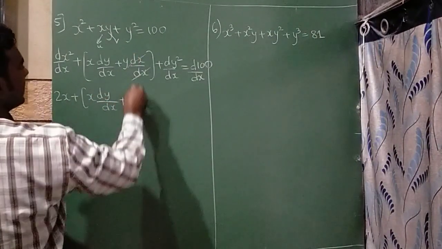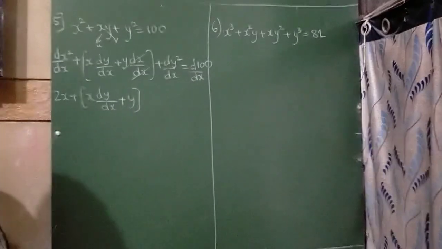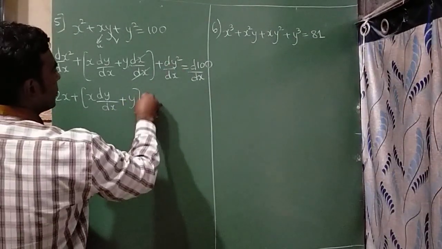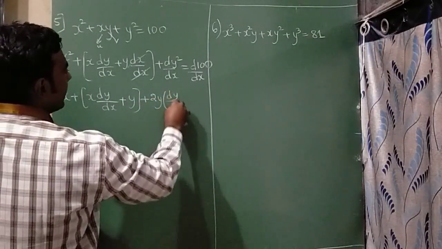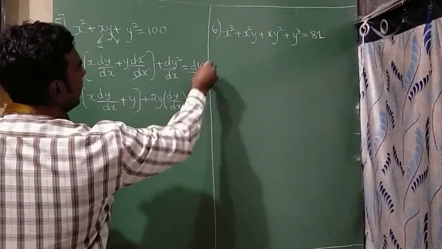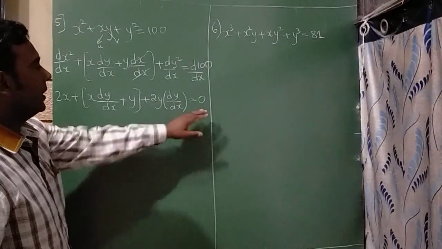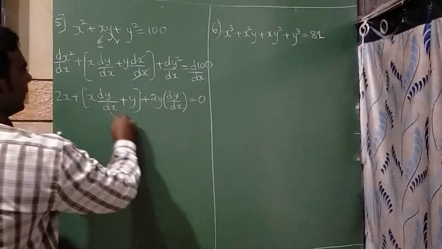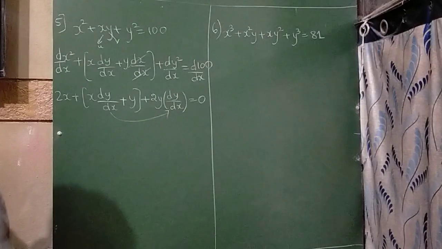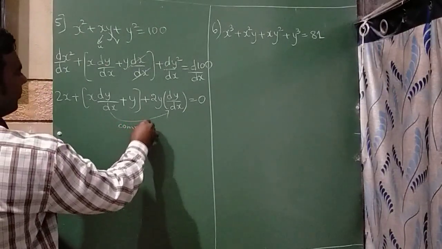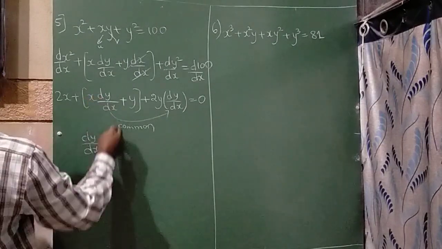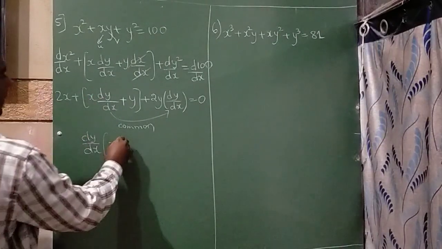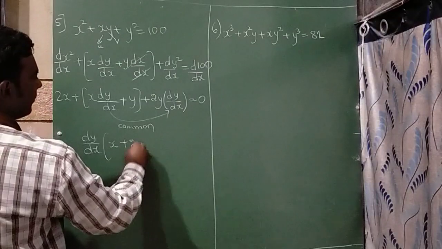The dx gets cancelled, you remain with y. d/dx of y² is 2y dy/dx, and d/dx of 100 or any constant is always 0. Here dy/dx, so let us take it common. You remain with x, the coefficient, plus 2y.